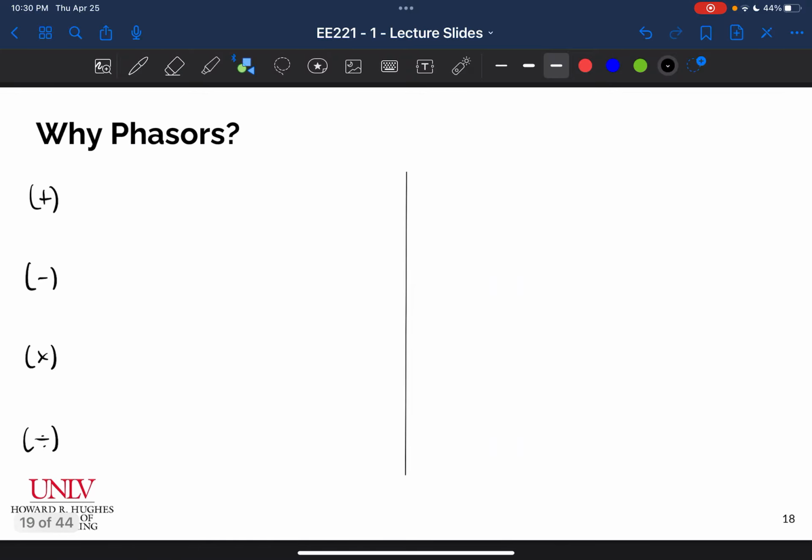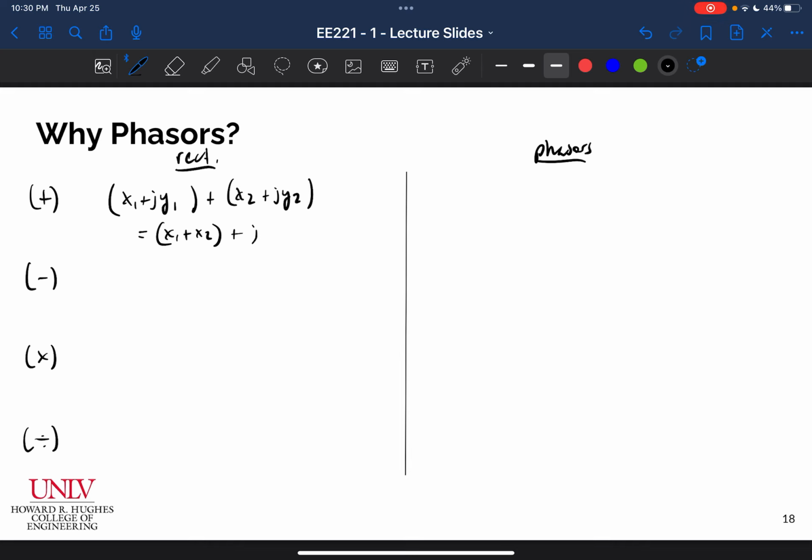And so I have my phasors here. Well, let's just say that I keep rectangular on this side and phasors on this side. If I'm doing addition or subtraction, it's much, much easier to take x1 plus jy1 plus x2 plus jy2 and add those, because like I said, it's just going to be x1 plus x2 plus j(y1 plus y2).